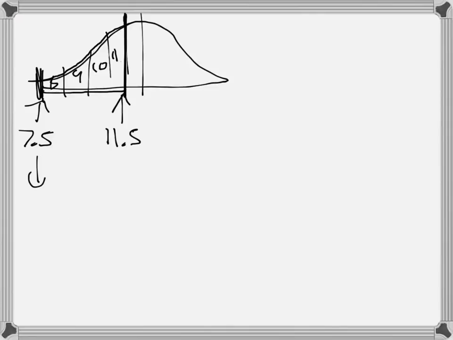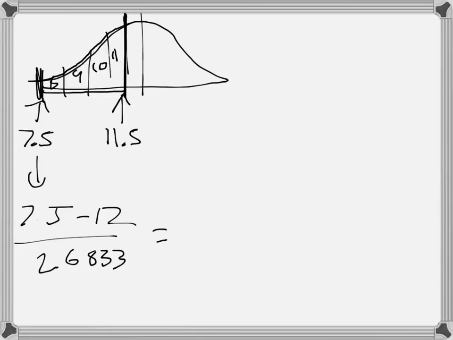The z of 7.5 is 7.5 minus 12 divided by 2.6833. This gives me a z of negative 1.68. The probability for that is 0.0465.